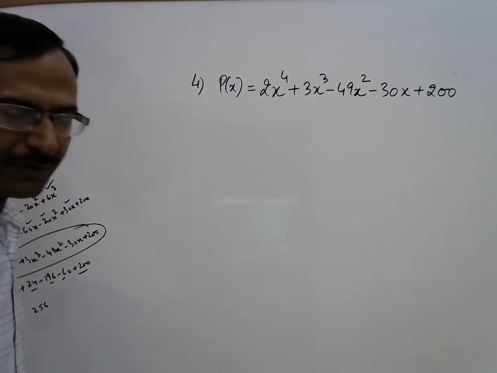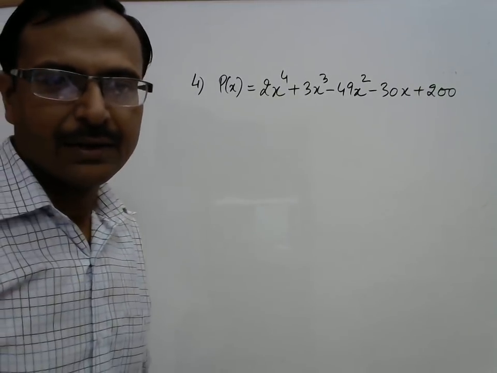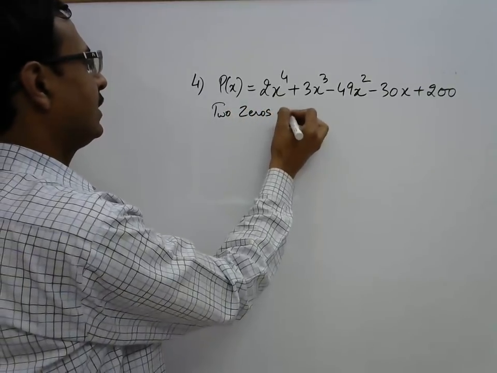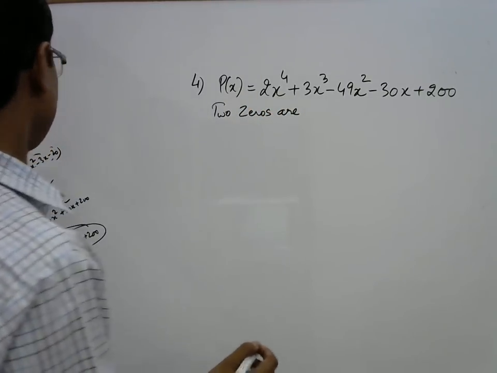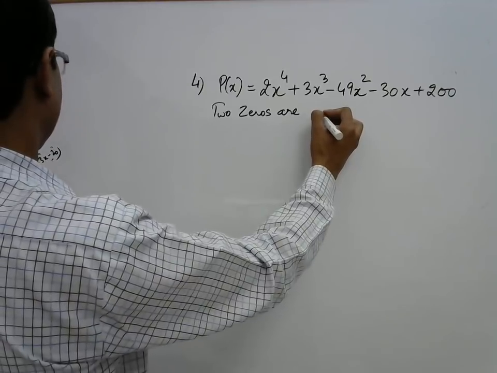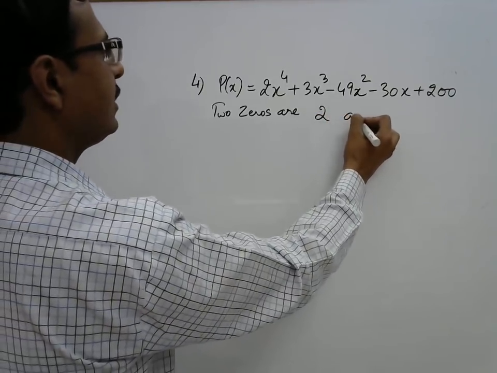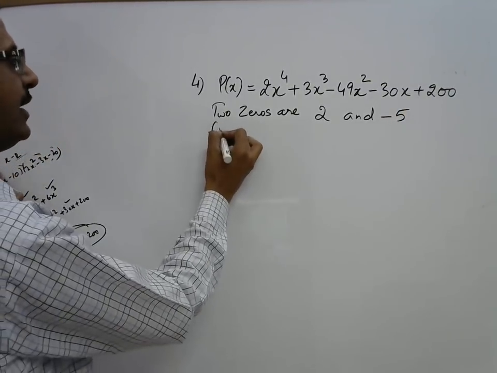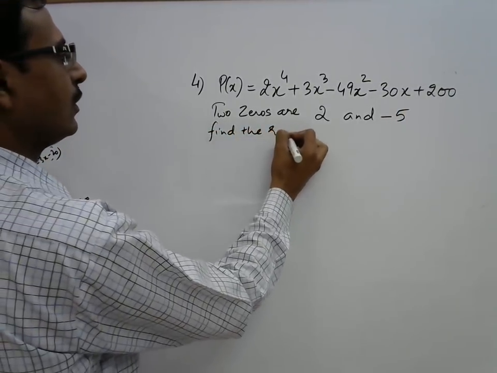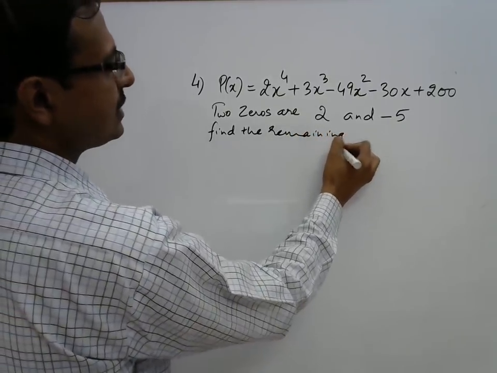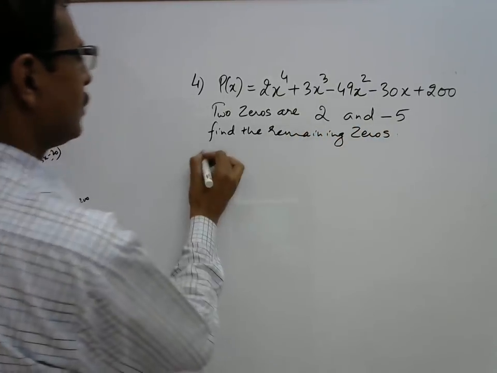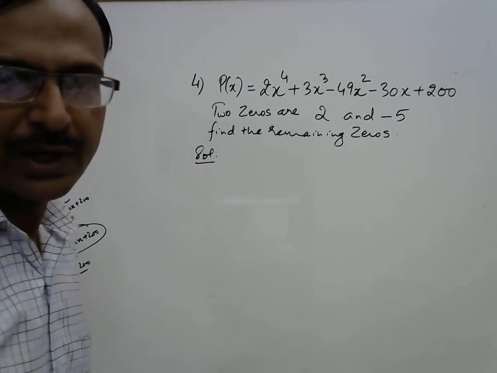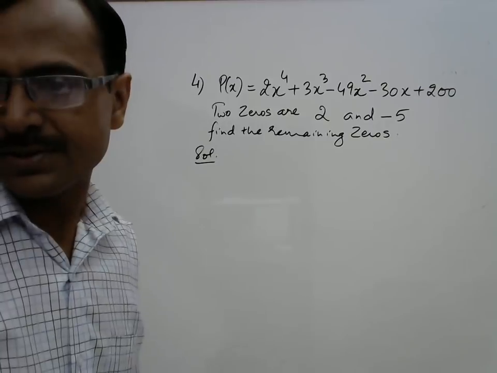Now this is the polynomial which is given to you, and the two given zeros are 2 and minus 5. 2 and minus 5, find the remaining zeros. So viewers, kindly get on with this question and let me know what answer you get after solving this.